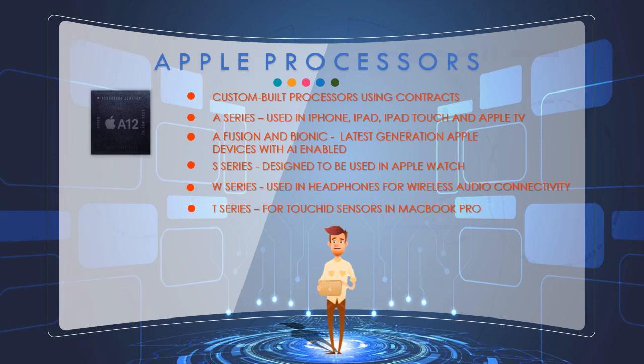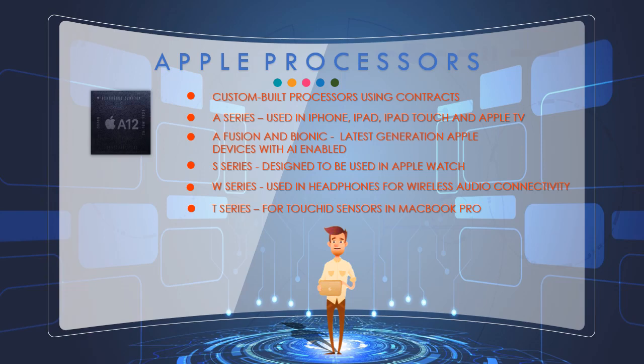Instead, they enter into a contract build with other manufacturing companies like Samsung and TSMC. After they get the processors from these third party manufacturing companies, they custom build or program the processors to suit the design and performance expectations of Apple smartphones, according to their devices' power and performance expectations.